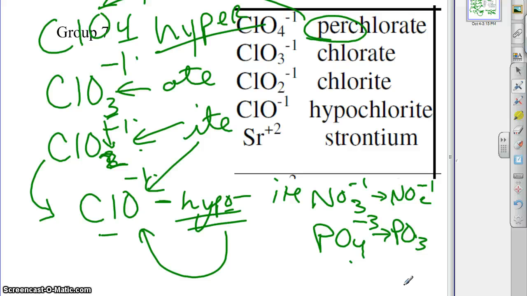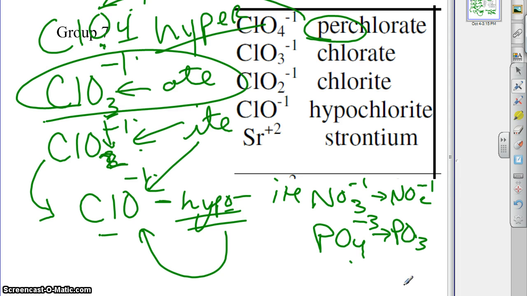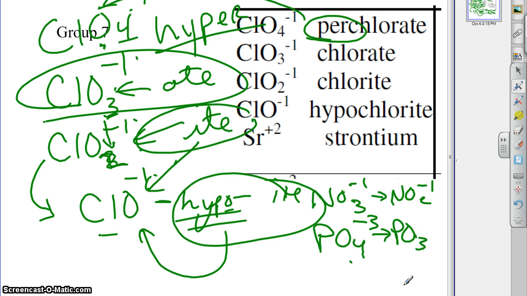Well, what's hyper about this ion? What's it got too much of? Oxygen. So learn the ate, take one off, it's an ite, take another one off, it's a hypoite, add one, and it's hyper, but we don't really say the hyper, we just cut it off with just per. So that's where the perchlorate comes from.